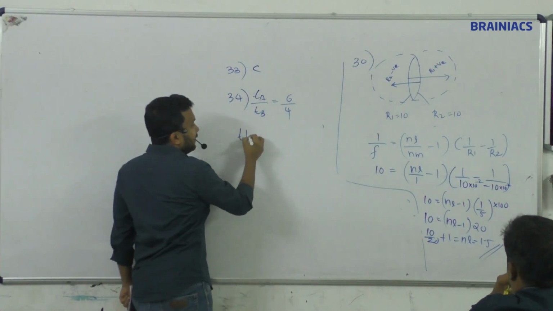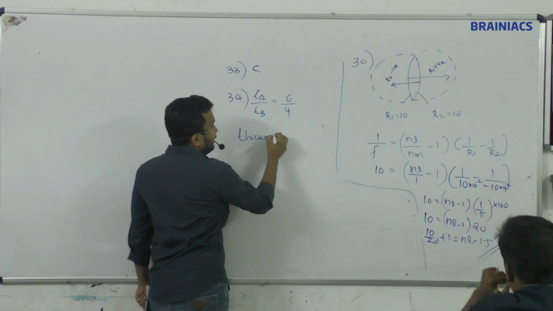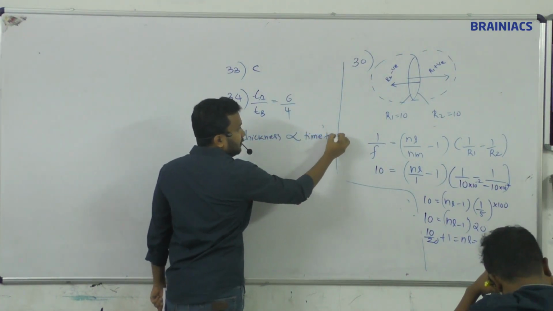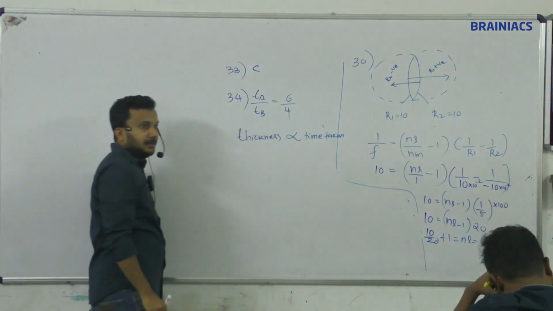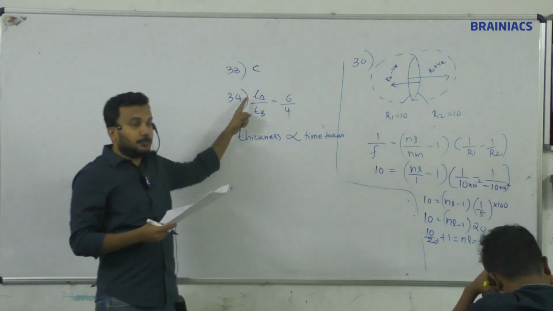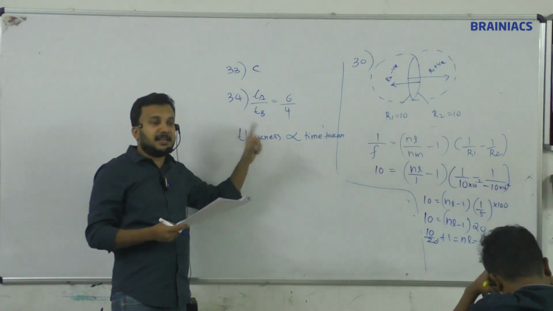Okay, so in the normal case, thickness is proportional to time taken. Correct? More thickness means more time should be taken. But in the question, the time taken to travel both media is equal.